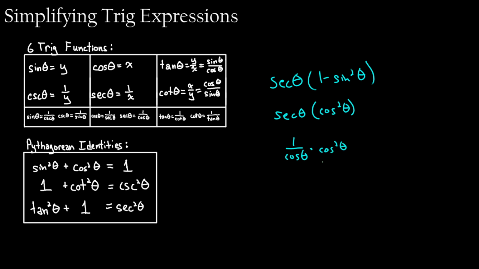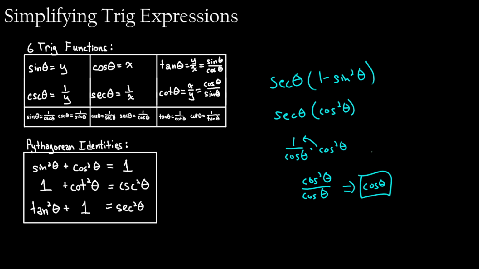Well, if I multiply this, this multiplies into the top here, right? So I get cosine squared theta over cosine of theta. And if I had like x squared over x, then I would end up with x on top, right? And this is no different. Cosine squared theta over cosine is equal to just cosine theta on top.